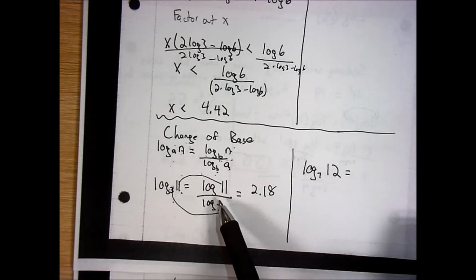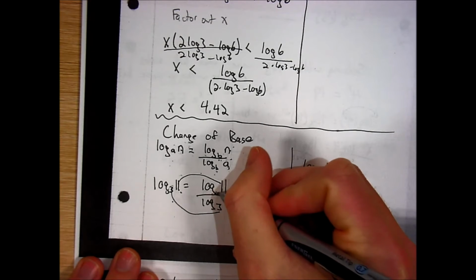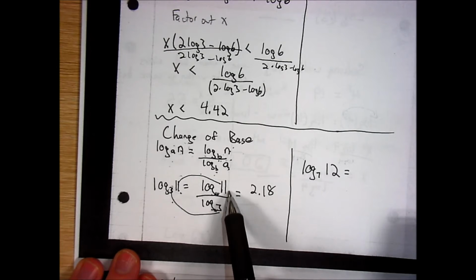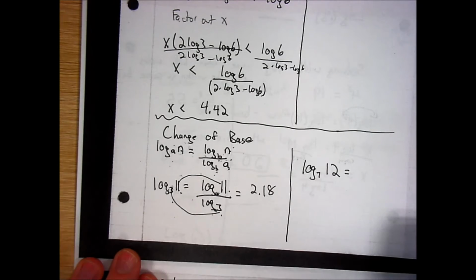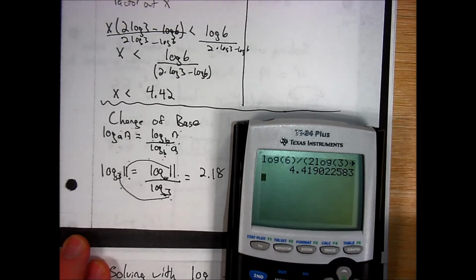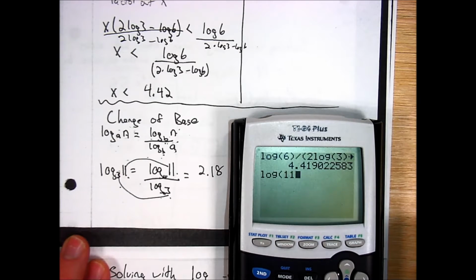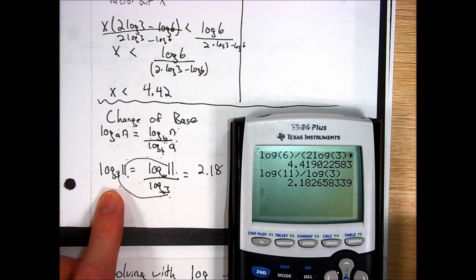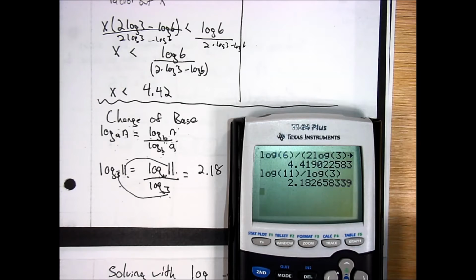So this is going to be, I changed it to log base 10, or the common log, just regular log. So this is log of 11 over log of 3, and I can type that into the calculator. Alright, and get the answer. Whereas if I just had it as log base 3 of 11, a lot of your calculators, you wouldn't be able to do that right away.